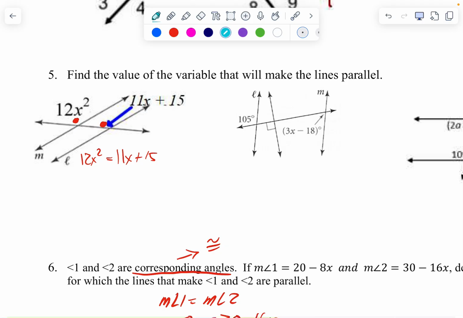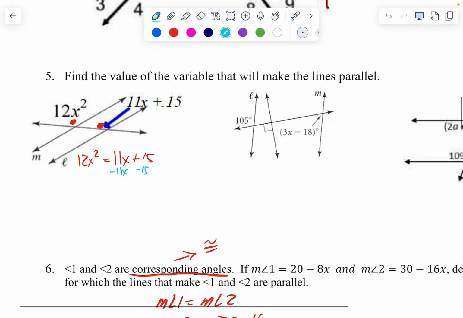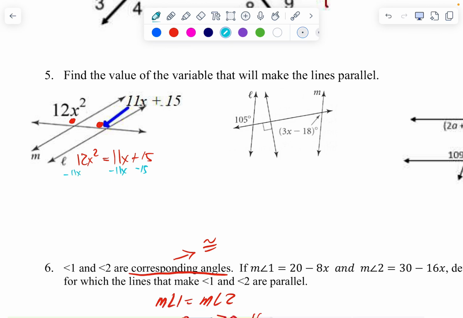So don't just start doing the star method until you do this part. So subtract the right side so it's equal to 0. And remember that there are no like terms in this case, so we can't combine anything. We just move it, essentially.